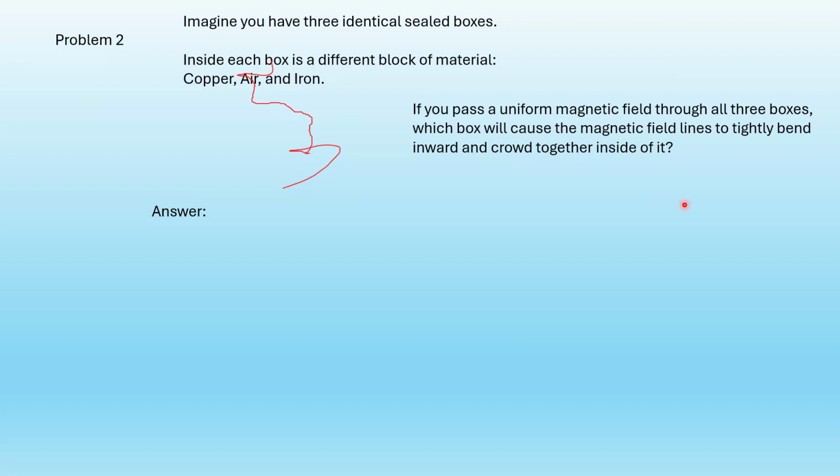Anybody, just off the top of your head, which one would you have the gut feeling for? Somebody say something. Anybody? Okay, I'm not going to wait too much. We have copper. Nika, thank you.